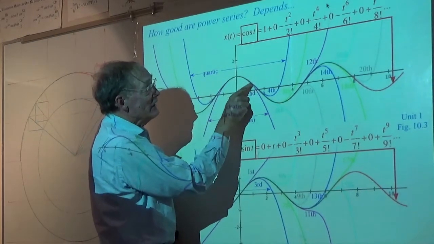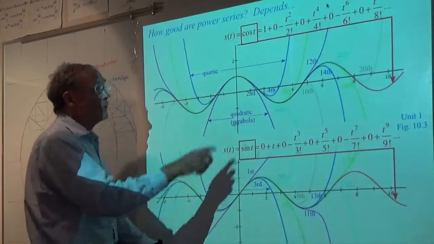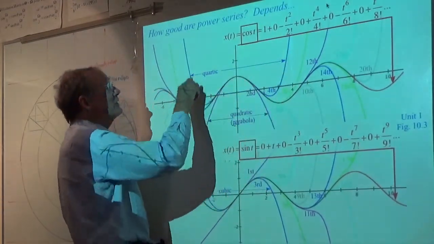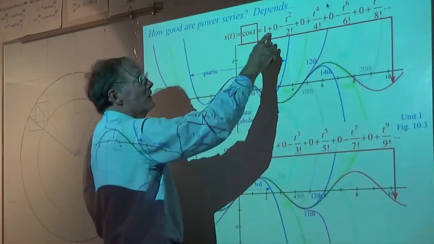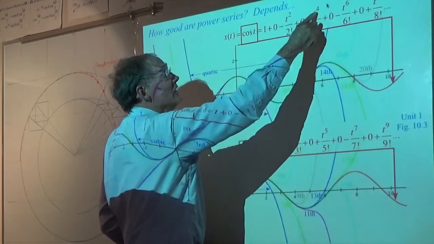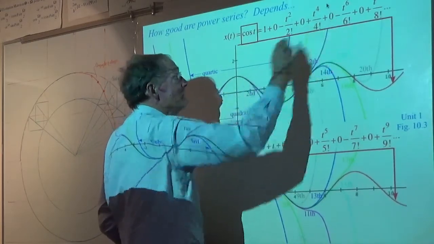Then this guy takes over. That's a quartic, fourth degree. That's the blue. There's a quartic function that's even: 1 minus t squared over 2 plus t to the 4th over 24. See, these are getting really big fast.